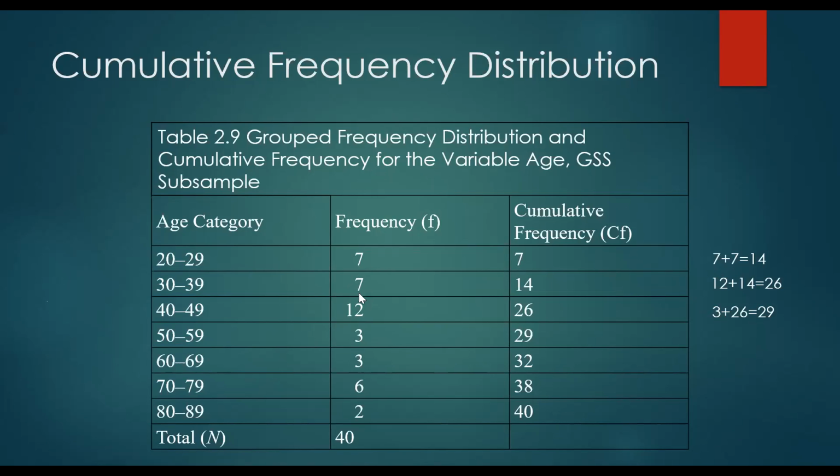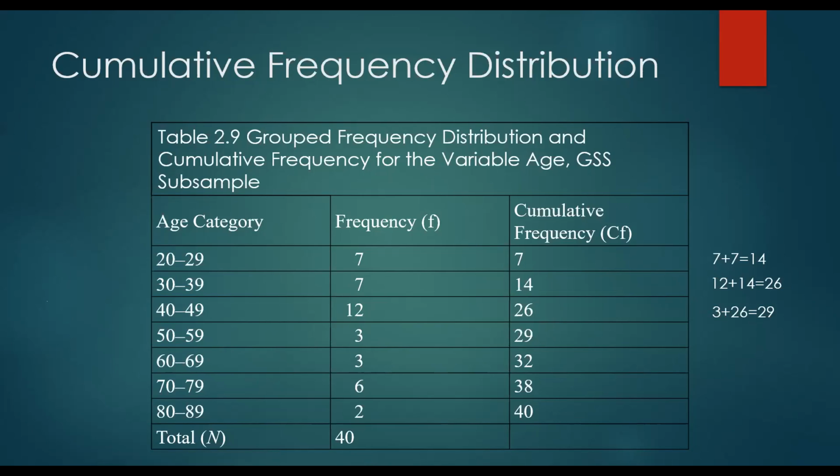So 7 plus 7 plus 12 plus 3, which gives me 29. In this particular example, that's the cumulative frequency, the total number of times it's happened.